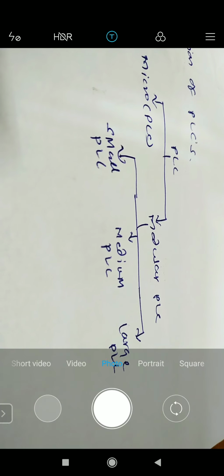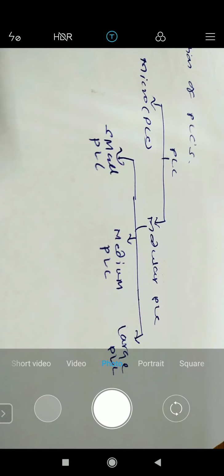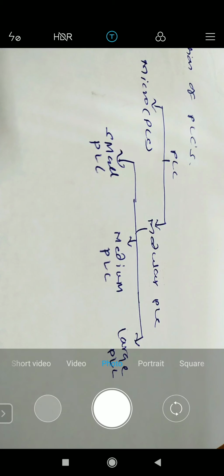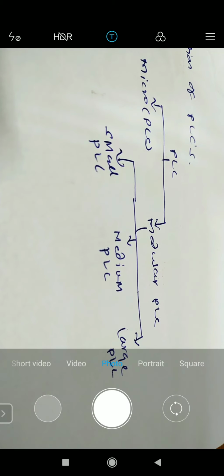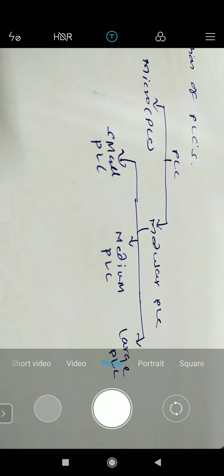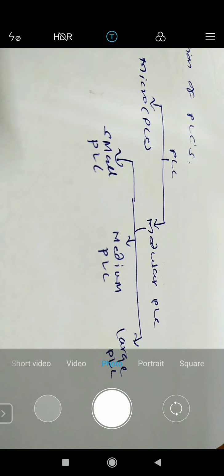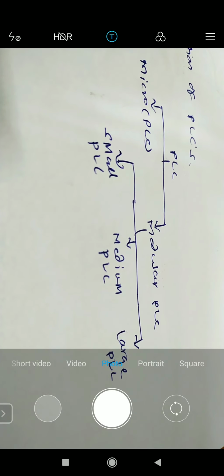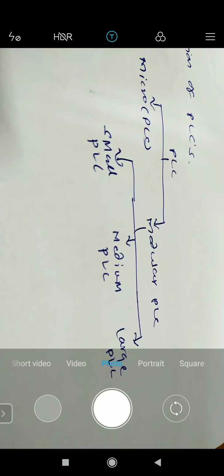What is meant by micro PLC? As per the name, the micro PLC is a very small type of PLC. Very small means in this PLC, if you are providing 10 inputs, then at the output side we also require 10 outputs.